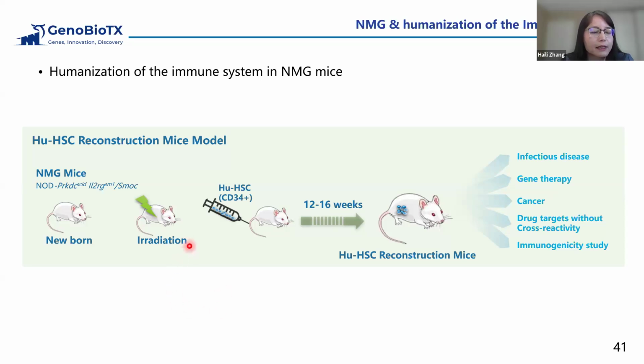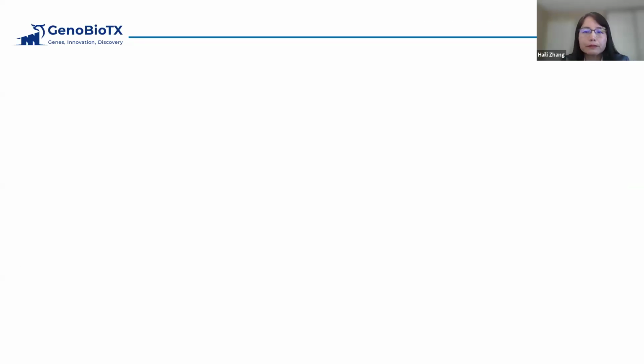Then the isolated and purified human HSC are injected into the conditioned mice, typically by tail vein injection. The mice will reconstitute the human immune system within 12 to 16 weeks. The application of these immune reconstituted mice is similar to the PBMC reconstituted mouse model.